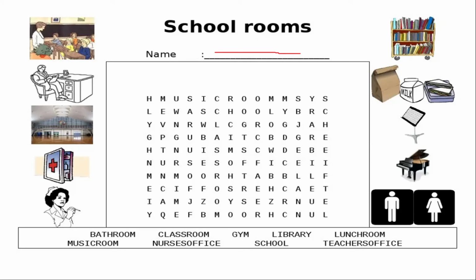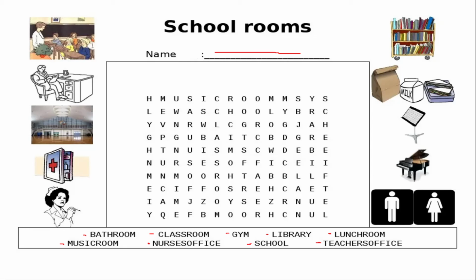Then what you have to do is find all the words in this crossword. So the first ones would be bathroom, classroom, gym, library, lunchroom, music room, nurse office, school, teacher's office.